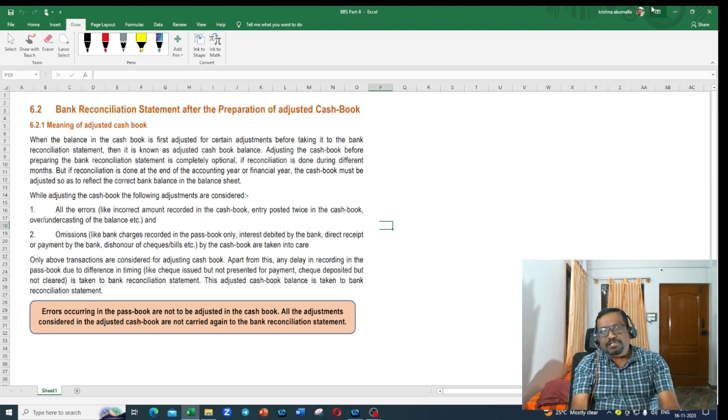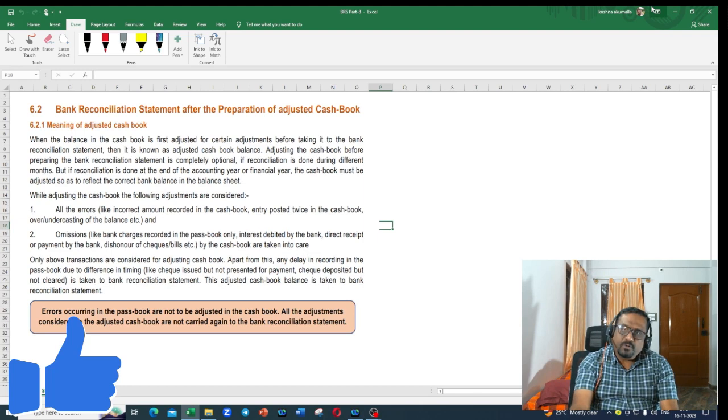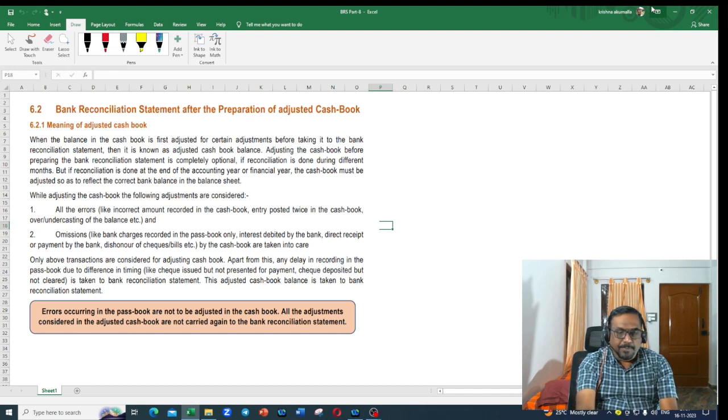In your examination, they will ask us to prepare the bank reconciliation after adjusting the cash book, that is, to adjust the cash book balance before we go to the bank. So you need to prepare the adjusted cash book. You have the three-columnar cash book balance.